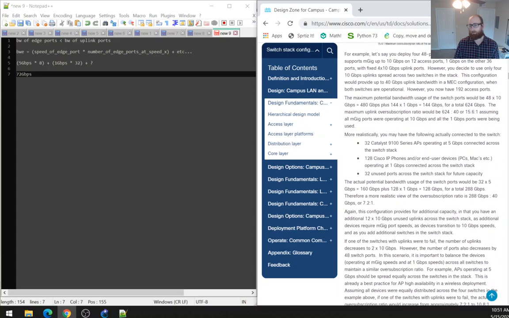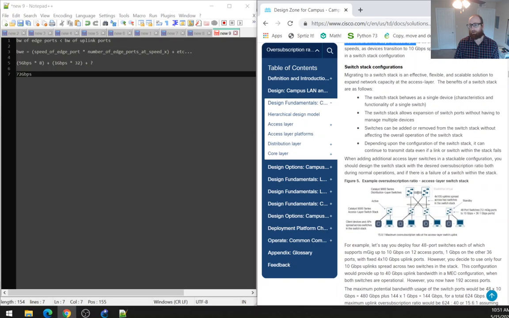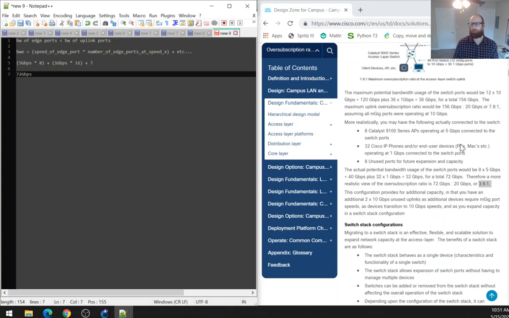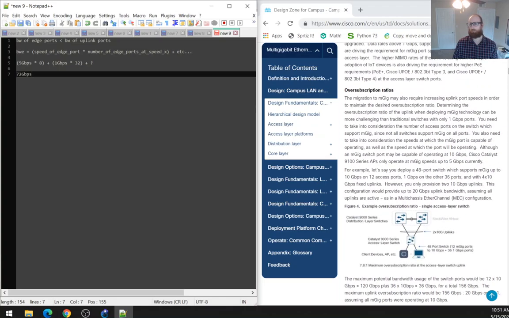Okay, that confused me because it almost seems like they're saying that it's fine to have this kind of ratio. I would think you would not want an oversubscription ratio. You'd want it to be under a ratio of 1. But it almost seems like they're saying an oversubscription ratio is totally fine.